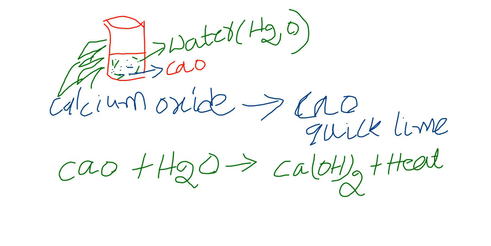So here two substances combine and form a single substance. According to the law of conservation of mass, the elements that are in the reactants are the same elements in the products.